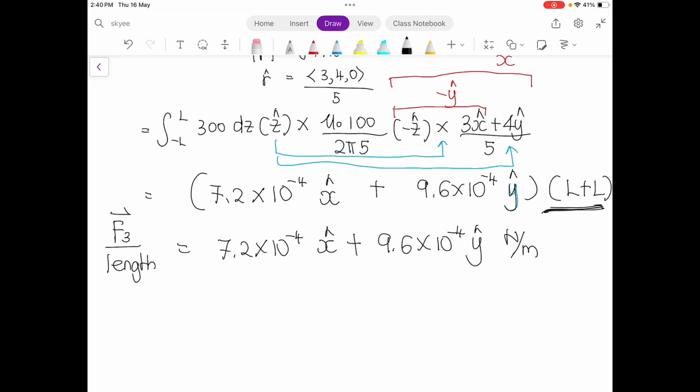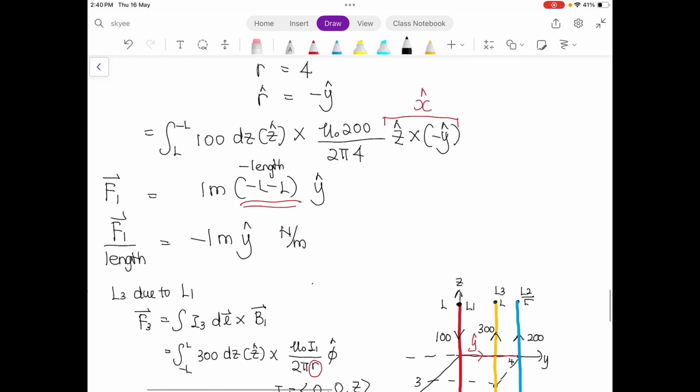So this is a positive length. Now we go to the next questions.